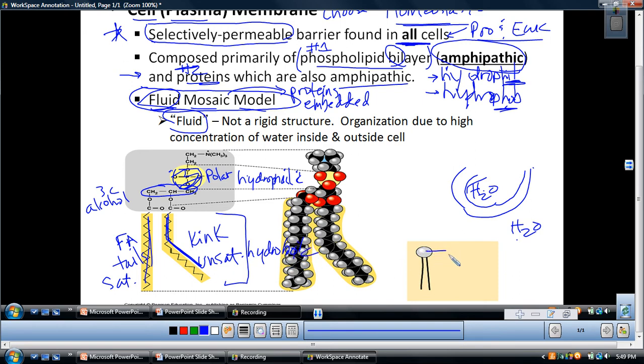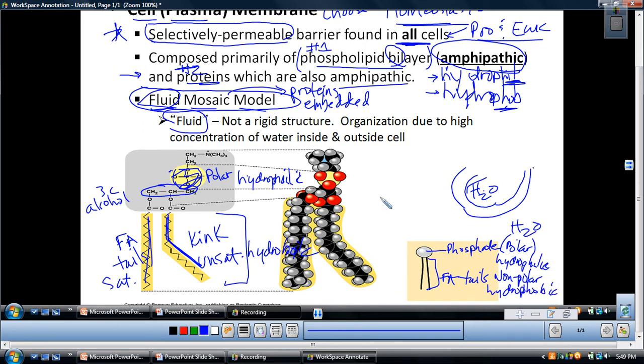That's what they wanted you to label: phosphate, polar, therefore hydrophilic, and then fatty acid tails, nonpolar, and hydrophobic.